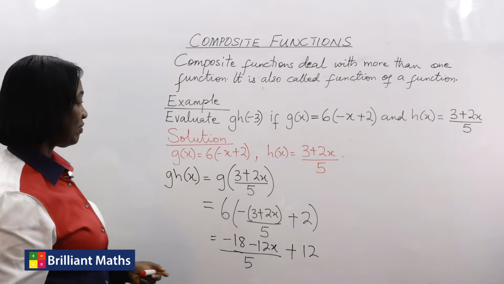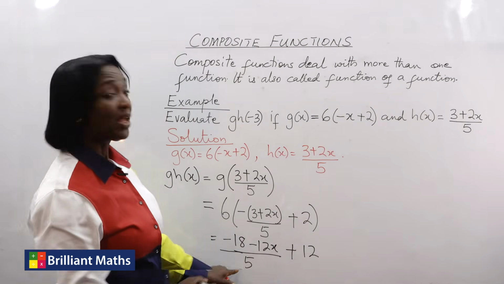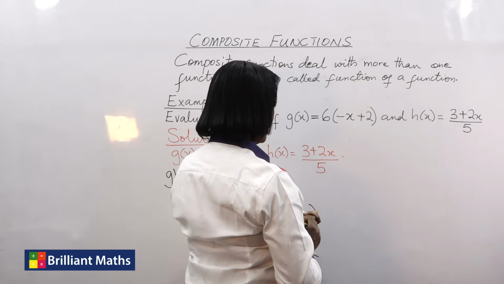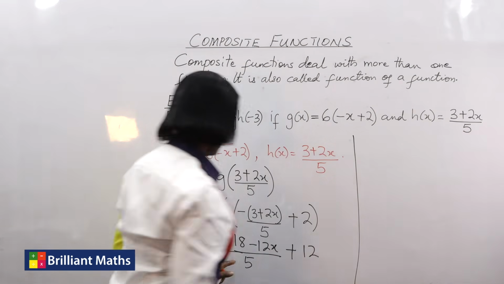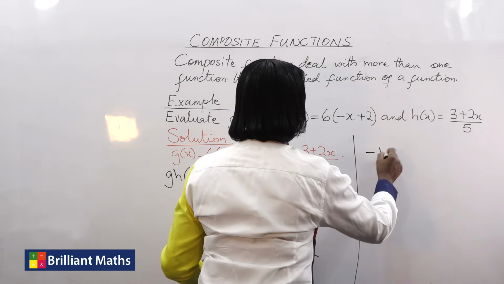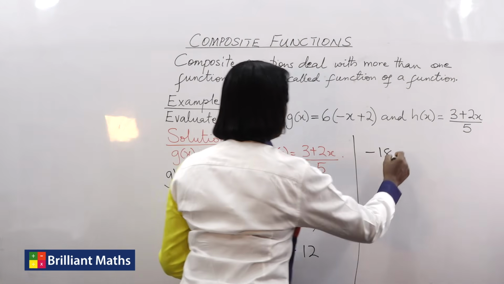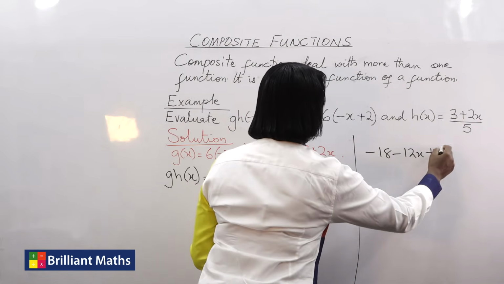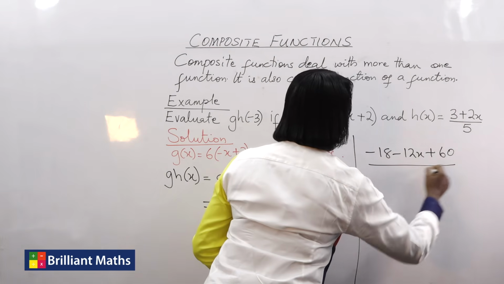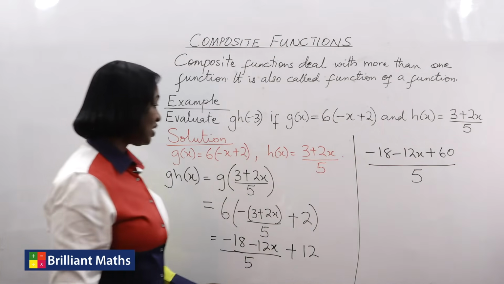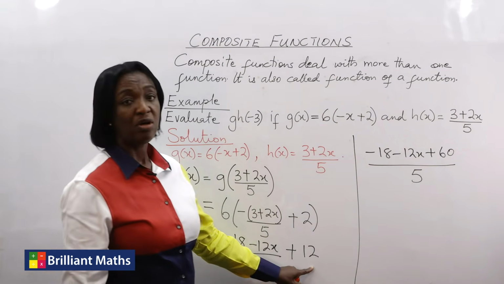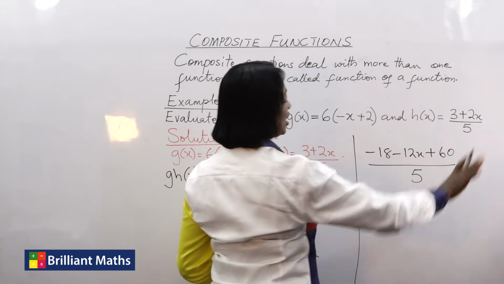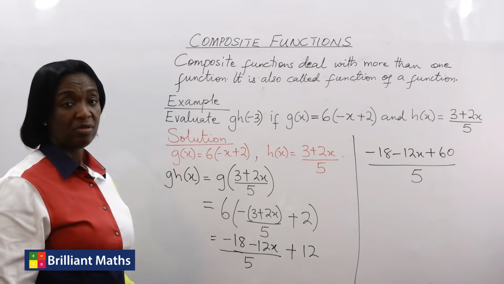So next, I can simply make both of them a denominator of 5, so that becomes minus 18 minus 12x plus 60 over 5, by simply multiplying 5 by 12 to give me 60. If I divide the 60 here by 5 to take it out of the denominator, it will give me 12.